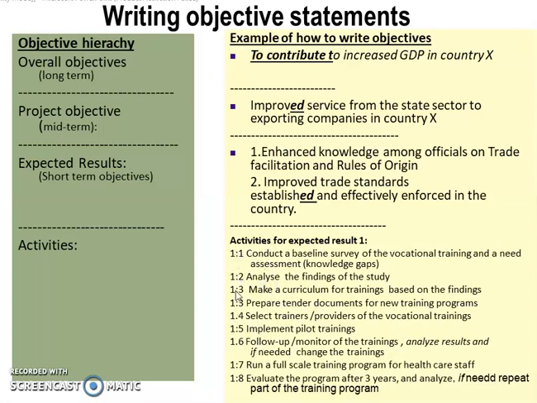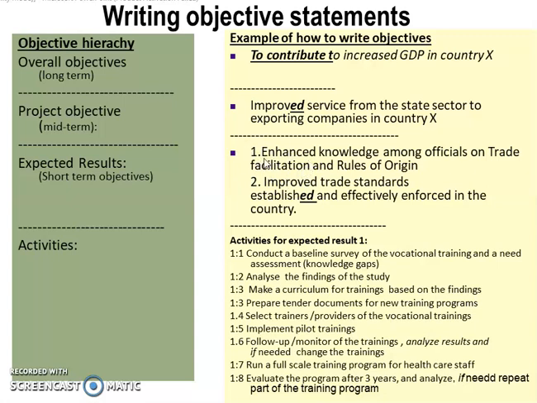So these are the activities for the first result that we are trying to achieve by the project. And again, for the second result, there are corresponding activities. By carrying out these project activities, we can achieve the result.